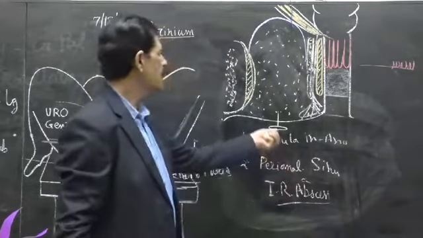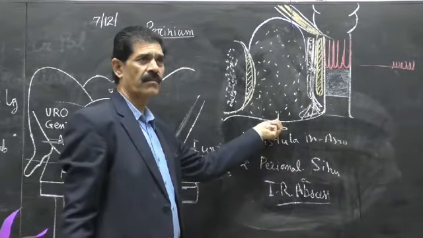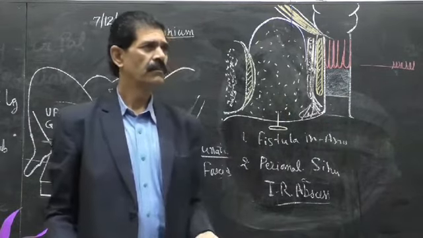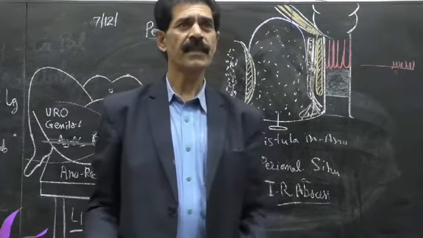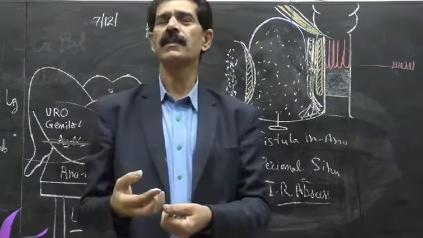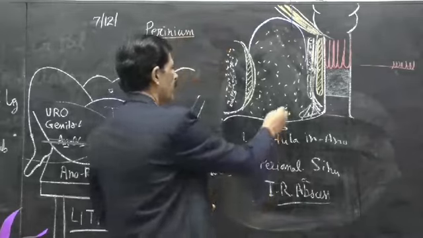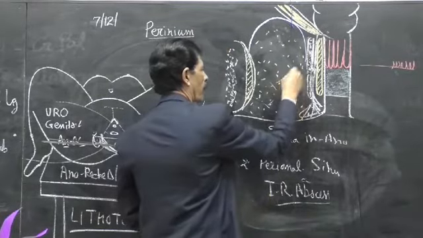If the tip of this pin is infected, the bacteria will enter your ischiorectal fossa and cause an ischiorectal abscess. Pus is formed here. Bacteria will grow like anything because there is no obstruction.